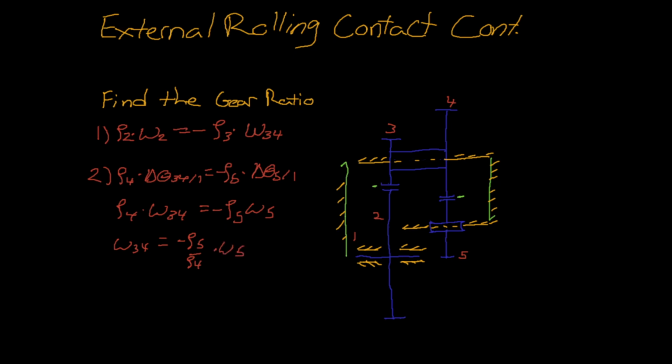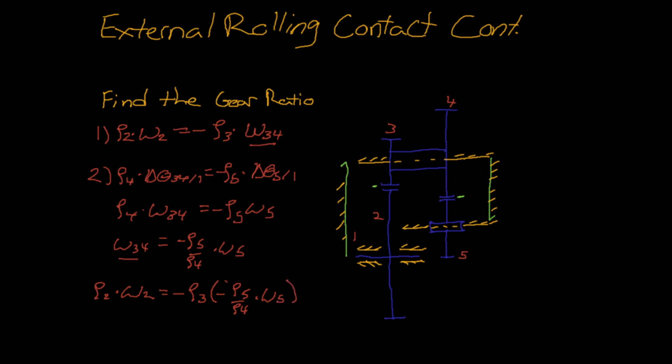And we can substitute omega 3, 4 in equation 2 into equation 1, and we get ρ2 times omega 2 is equal to minus ρ3 times a minus ρ5 over ρ4 times omega 5.